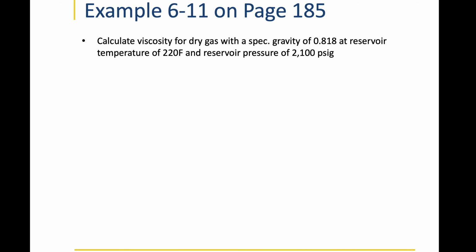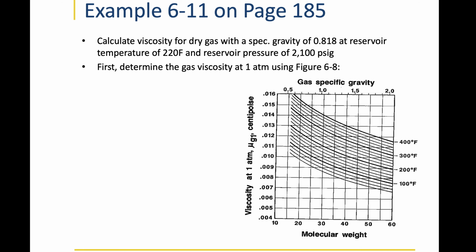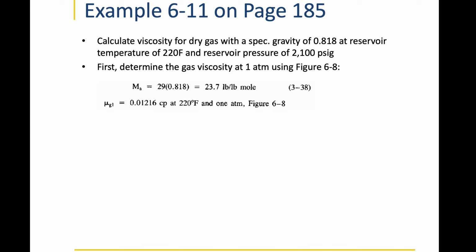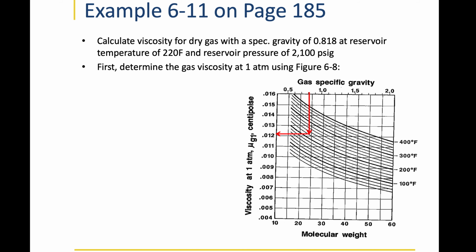So here's an example to calculate the gas viscosity at the reservoir condition. As I said, we need to find the specific gravity of the gas. If you find the specific gravity, the gas viscosity at 1 atmosphere can be obtained from figure 6-8. Remember, in this example the mixture is not given, only the gas specific gravity is given, so it's okay to use this.